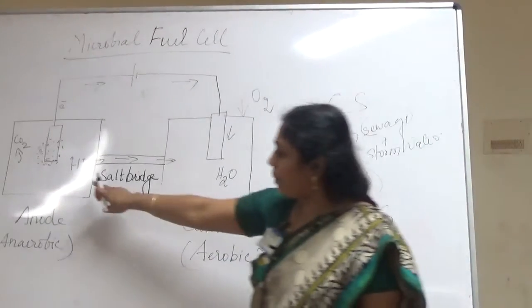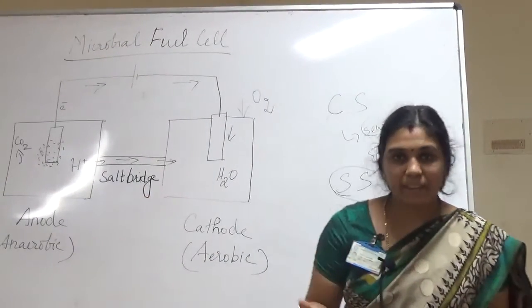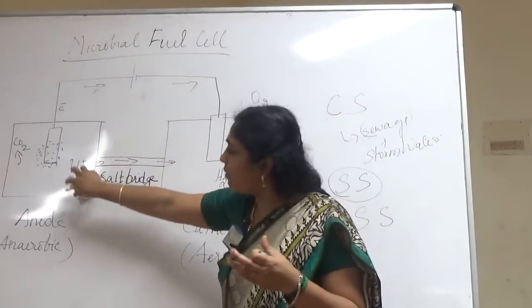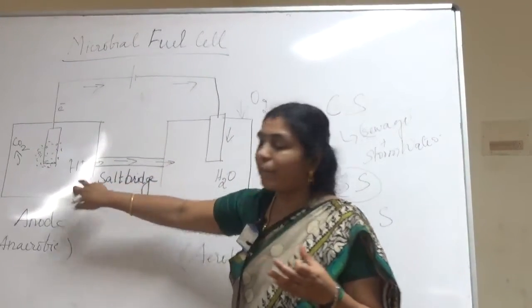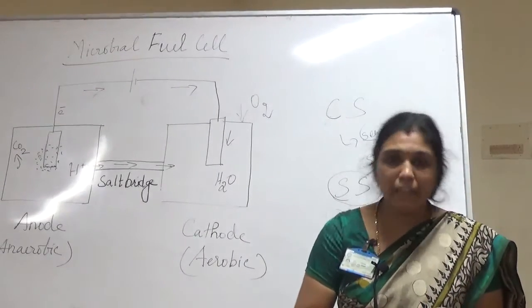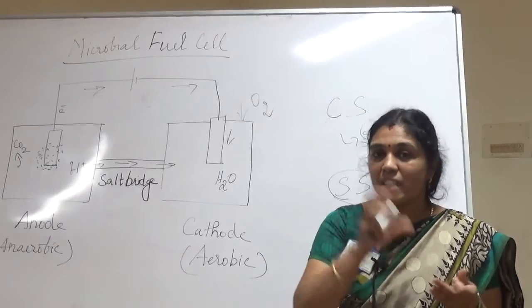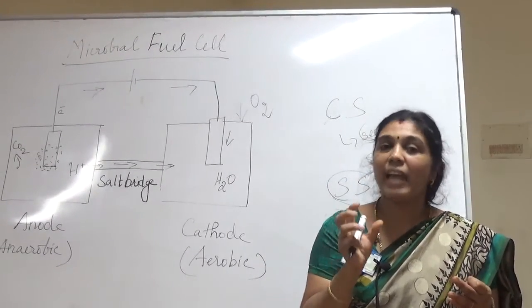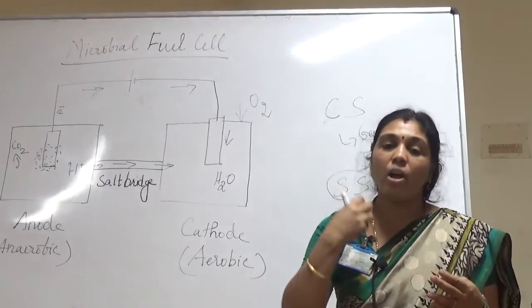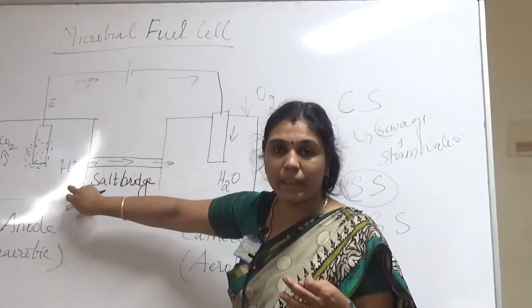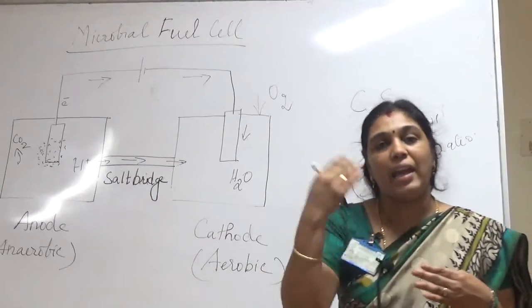Now what happens here: the anaerobic bacteria take the food from the wastewater which is present here. In this compartment we can take wastewater, sludge, soil or any fresh water which contains anaerobic bacteria. The anaerobic bacteria can survive by using the organic matter present in this wastewater, and they let out electrons.